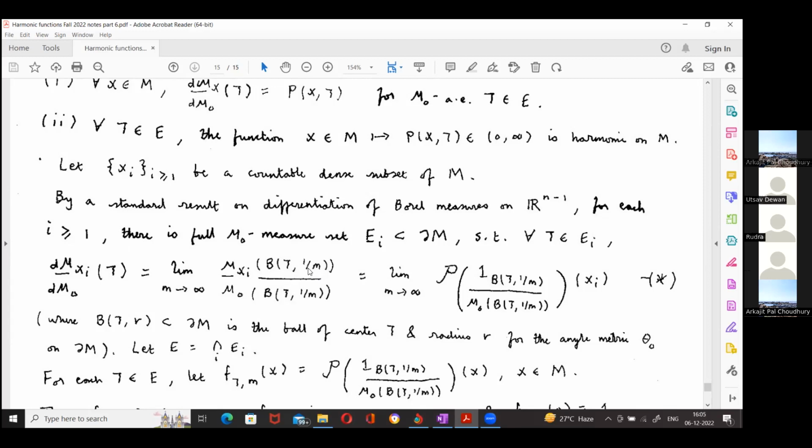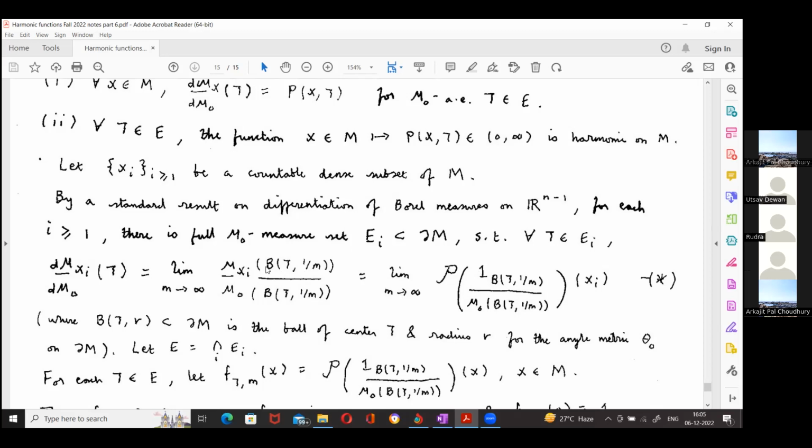Now, what is this ratio of harmonic measures? Well, this mu x of this ball is nothing but the Poisson transform of the indicator function of this ball at the point x.